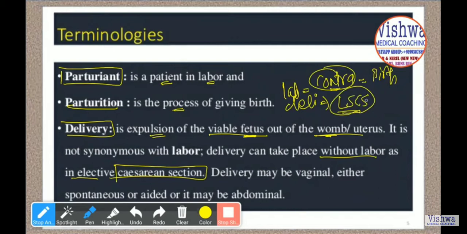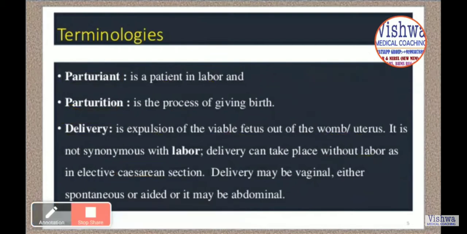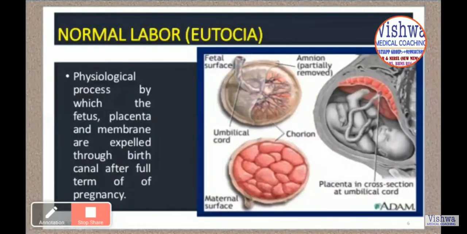So delivery includes normal delivery as well as cesarean section, whereas labor is always a normal labor. That is how some of the terminologies can be understood.